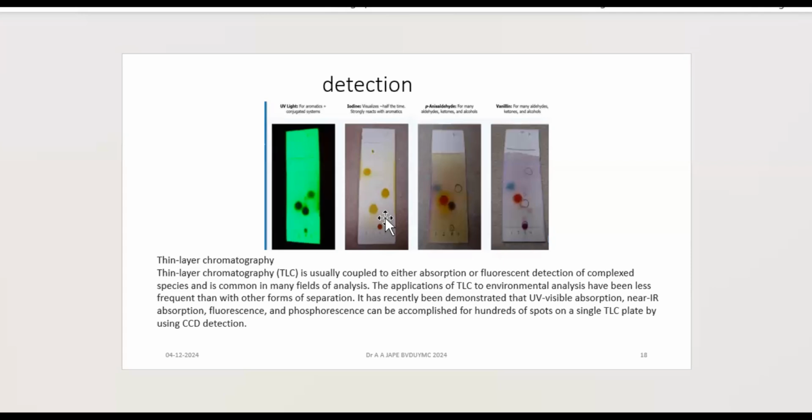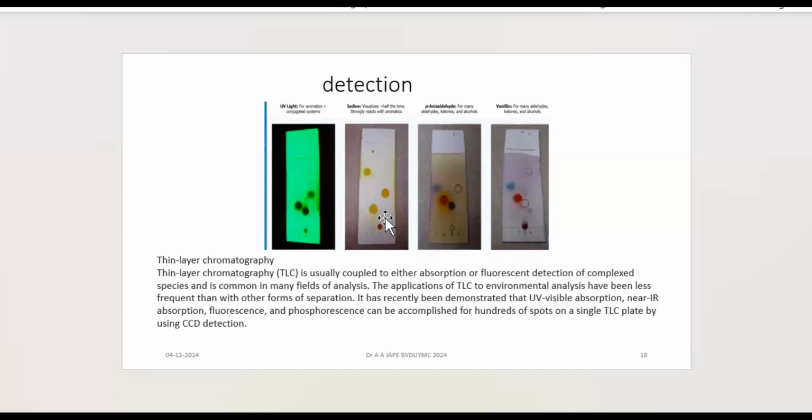So densitometry will give you the amount of light produced or light absorbed, or in case of radio scanning, the amount of radiation emitted. All these things are possible with the help of commercially available densitometers, and they can measure the ultraviolet or visible absorption of the compounds, as well as simultaneously give a complete absorption spectrum for the compound for identification purposes.